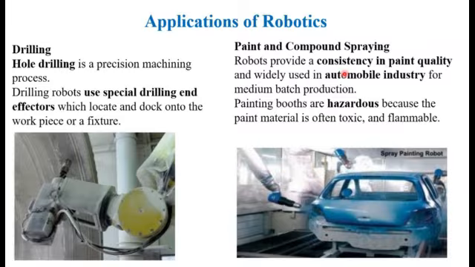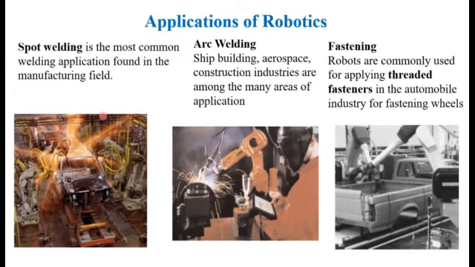As well, painting booths are hazardous because the paint material is often toxic and flammable, so it may be hazardous for the human operator. Because of that also, in the painting booths these robots are used for painting of automobiles. So it is also one of the applications of robots in industry.